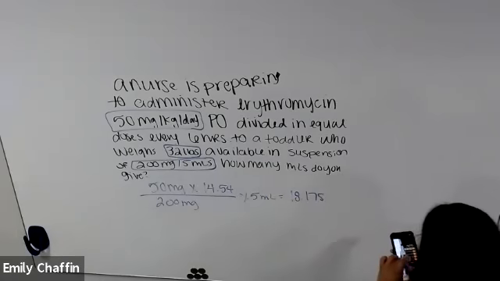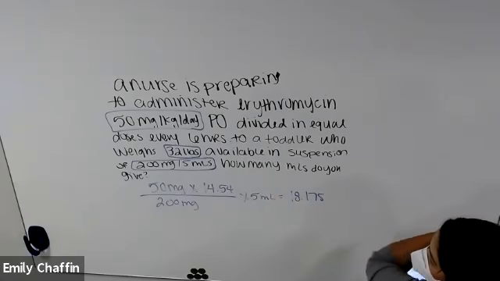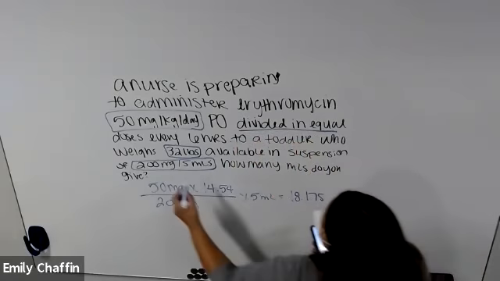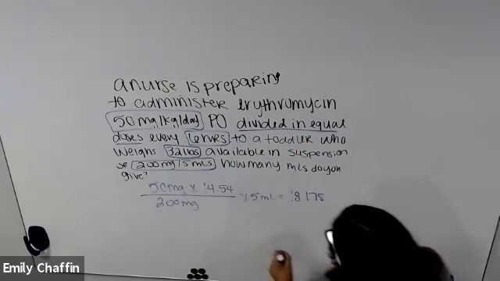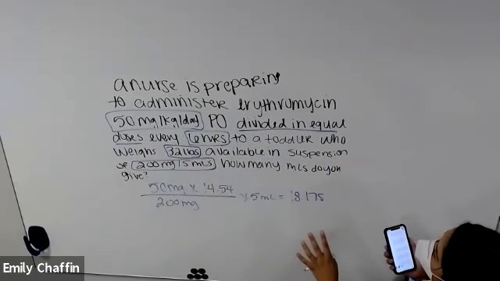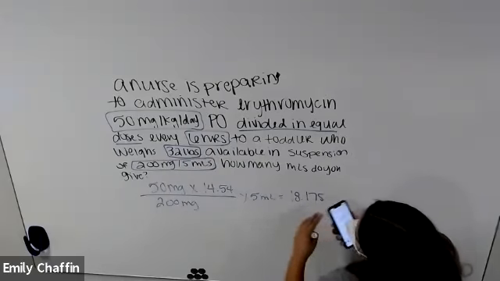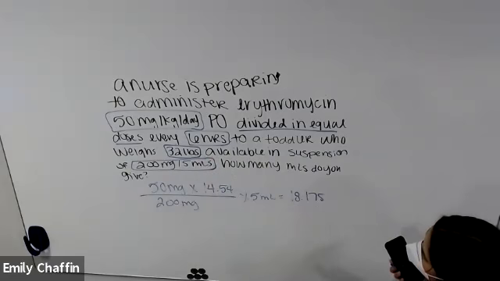18.175. But with this particular problem, it'll specify divided into equal doses. And then it'll give you the amount of hours that you'll be giving this patient. So when it comes to day, every 6 hours within a 24-hour period, you'll be giving this patient their erythromycin.